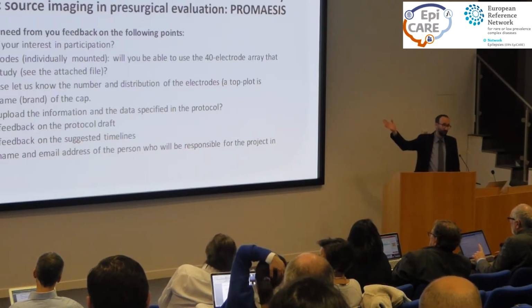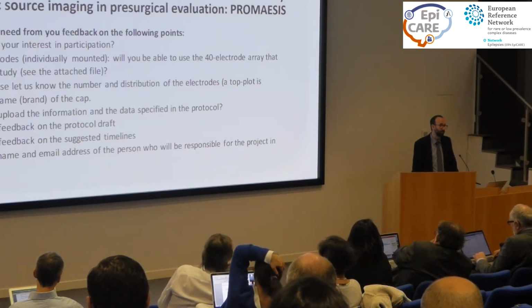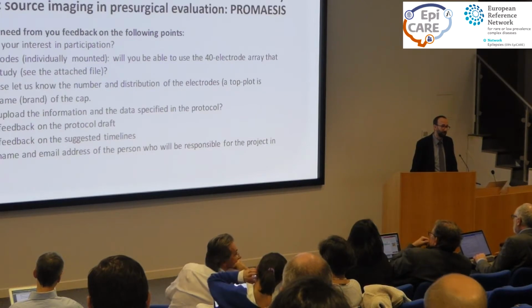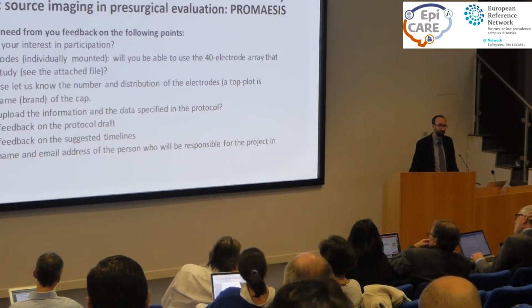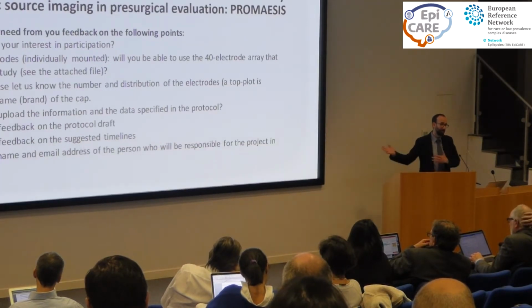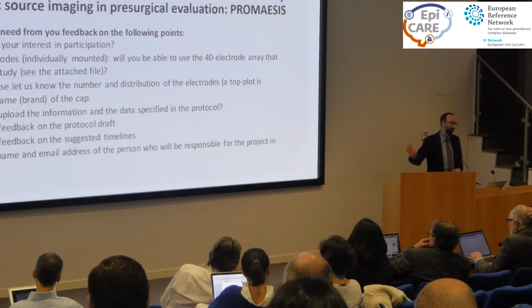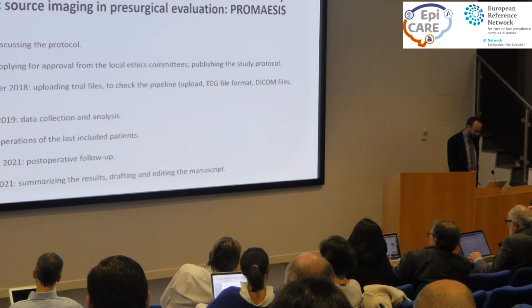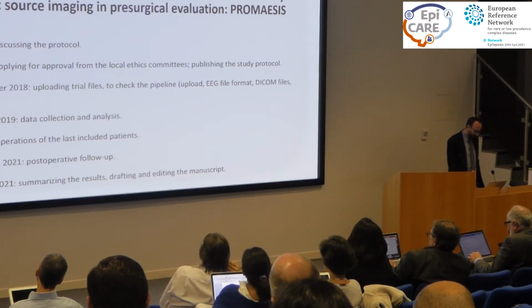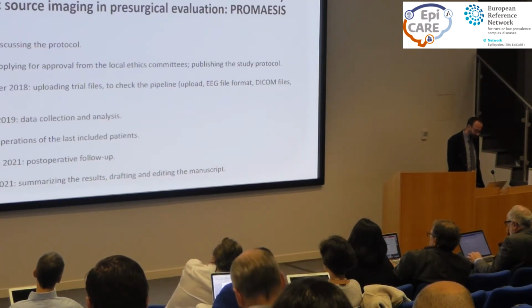So one of the tasks is obtaining a permission from ethics committee. Now, in some countries, this is a question of weeks. In other countries, this is a question of 4 or 6 months. So that's why this is a question. So this is a suggested timeline. If you have any concern with that, just include it in your answer. No problem. And then this was the suggested timeline, but again, this is merely a suggestion.